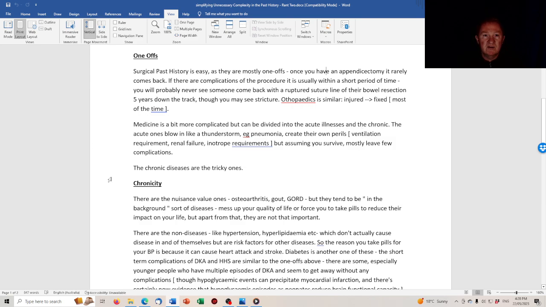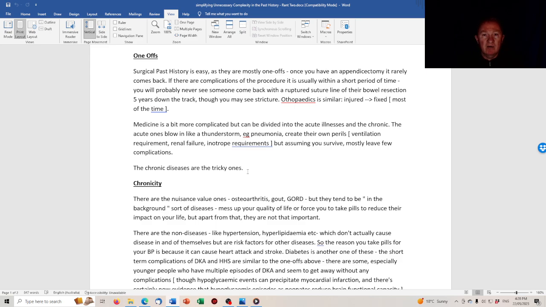The acute ones cause acute problems, but the fact that somebody's had pneumonia 15 years ago, unless they've got a complication of that pneumonia, like bronchiectasis or an empyema that needed draining, it's probably not that important.